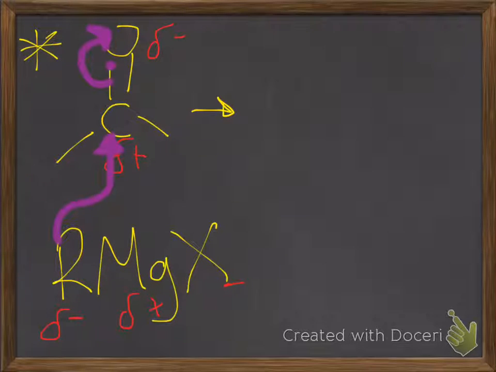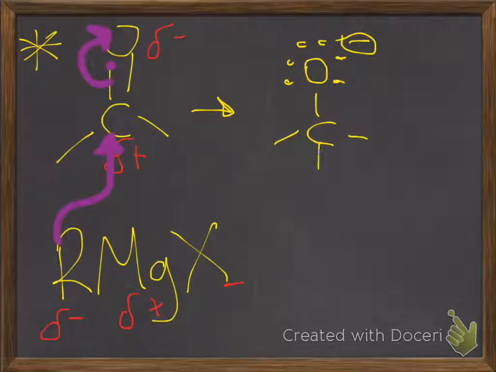We still have the carbon that got attacked, but now it has 4 single bonds around it. I'm going to draw it showing the lone pair electrons around the oxygen, so it's negatively charged. The R group of the Grignard reagent or the organolithium reagent is now covalently attached. The magnesium halide are just spectator ions.